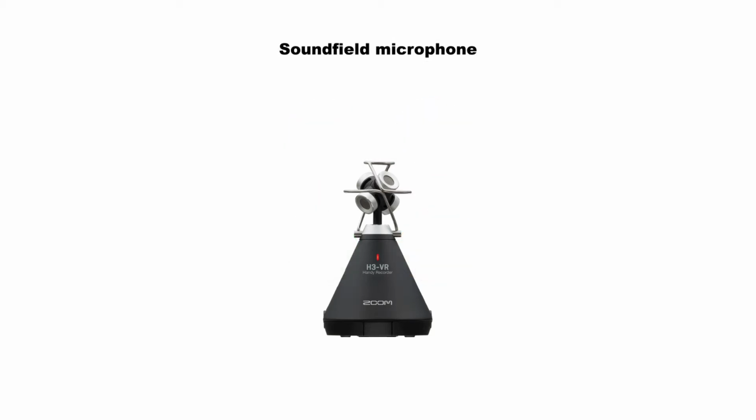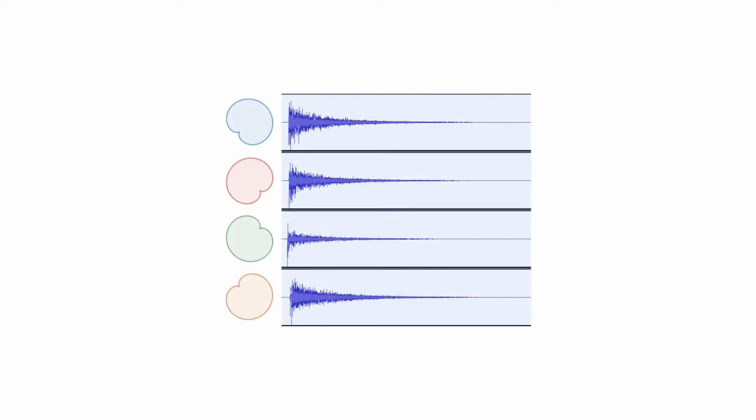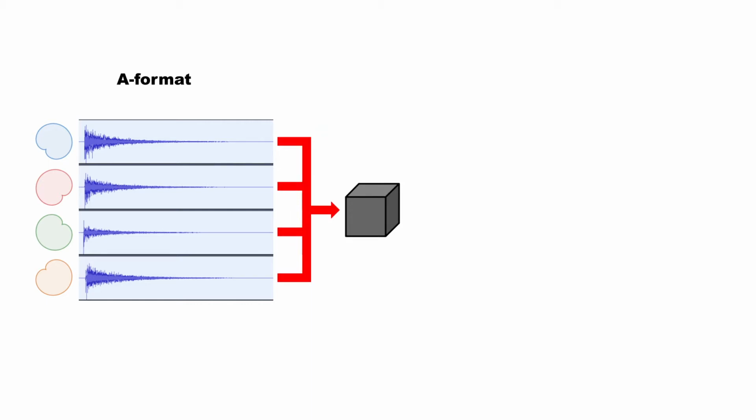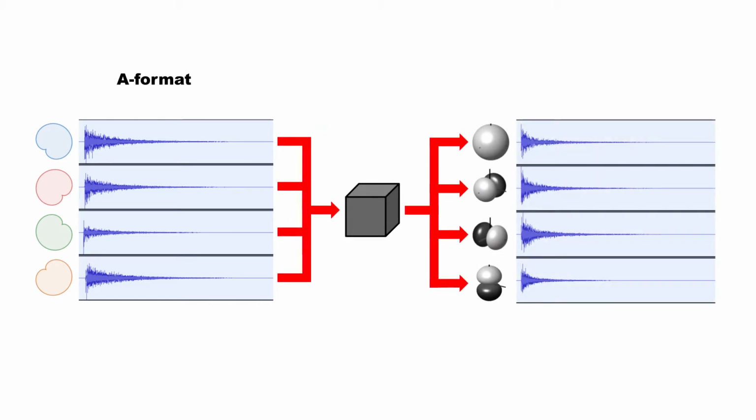This is one example of a sound field microphone, the Zoom H3 VR. The raw recordings from the capsules are referred to as A format, which are not yet usable for ambisonics. The A format channels are processed to obtain directional information that corresponds to the spherical harmonics, and this processing is referred to as encoding. This results in a B format signal, which is the standard format used for ambisonics.